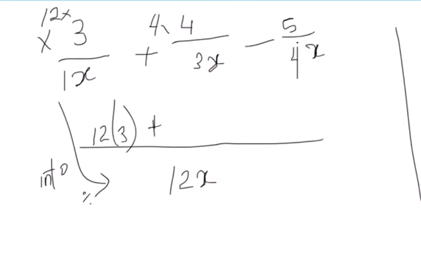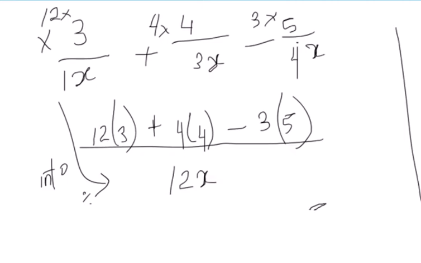So it's going to be 4 by whatever my numerator is, and my numerator is 4. So I'm going to write that 4 multiplied by 4 minus 4 into 12 is 3, and 3 multiplied by whatever my numerator is, and my numerator in this case is 5. Alright, so what can I do now? Work out my numerators, work out my brackets, right?